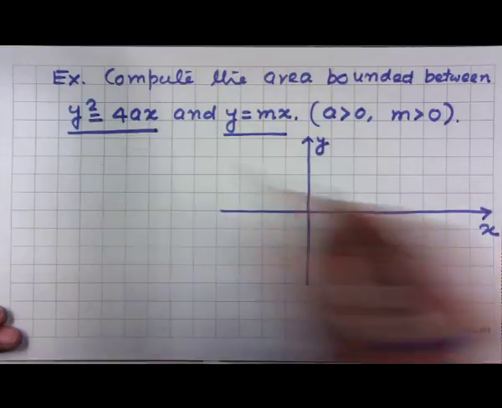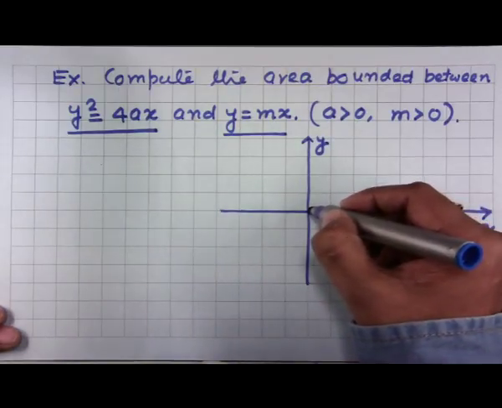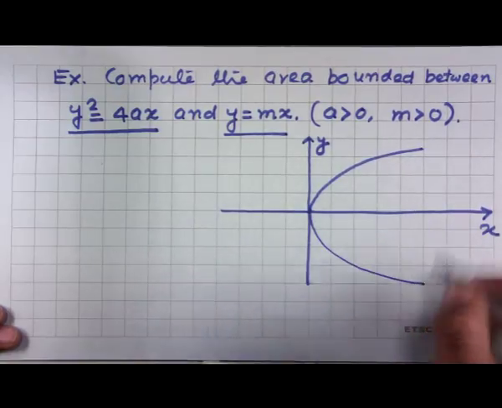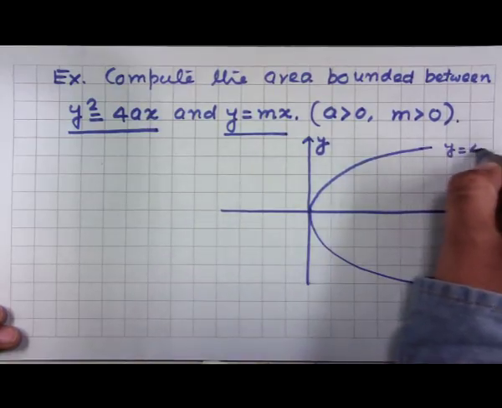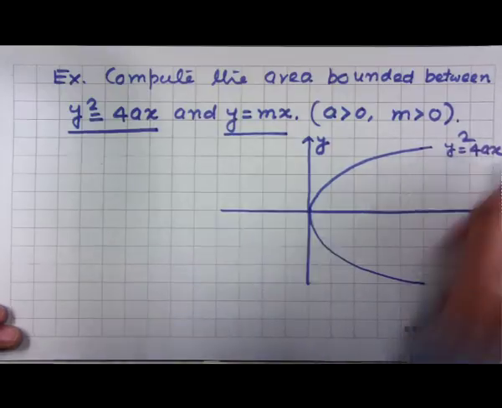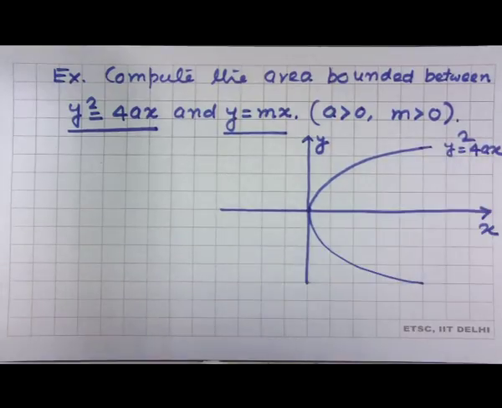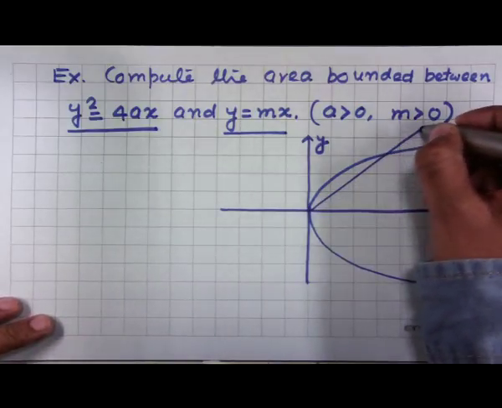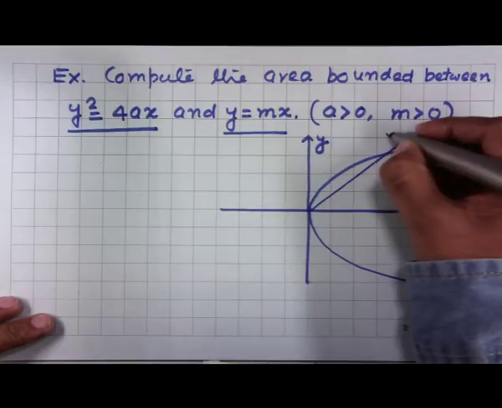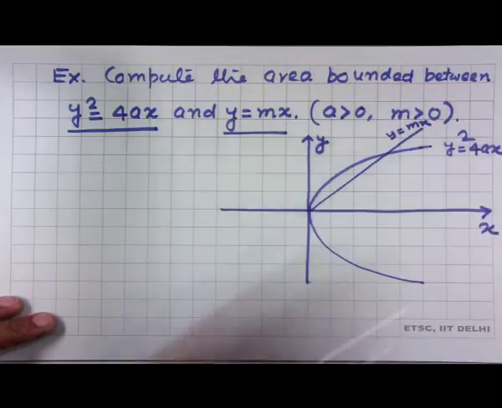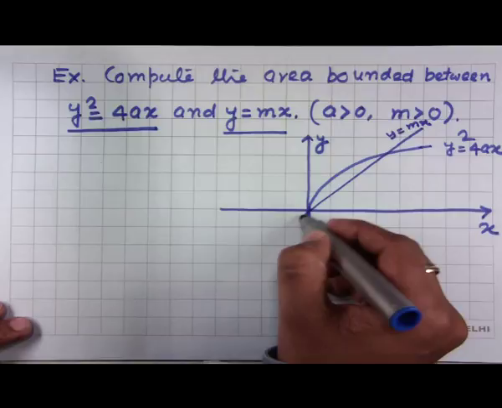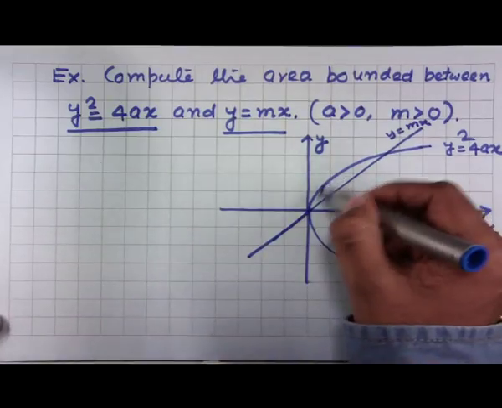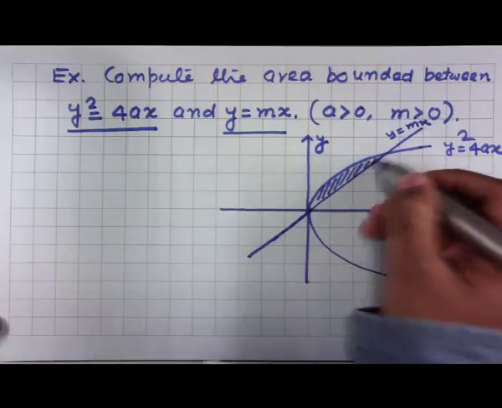So, if a is positive, the parabola will be drawn like this, and y equals mx, if m is positive, we can plot like this. The area bounded between them is this.